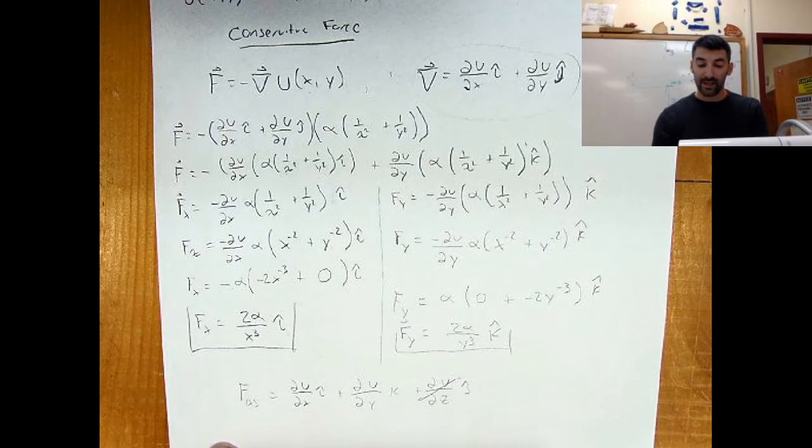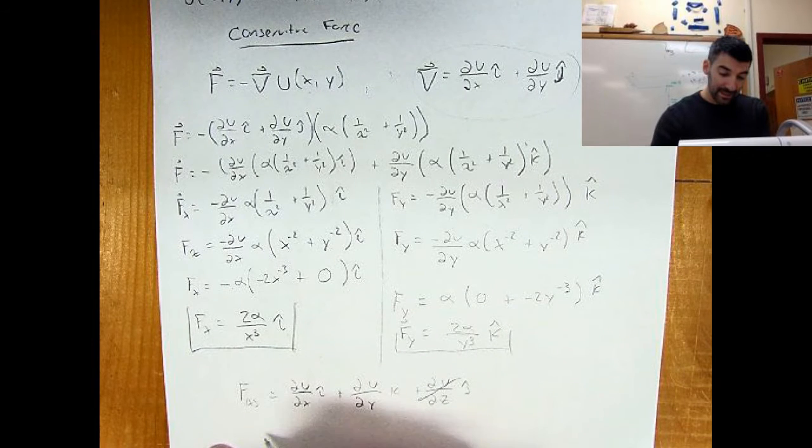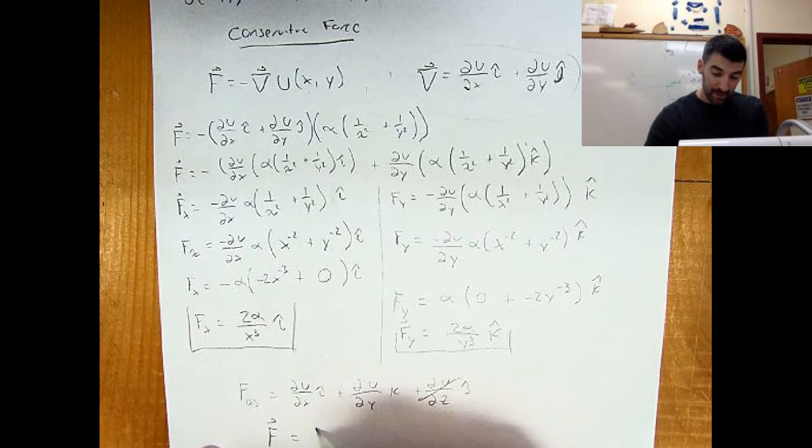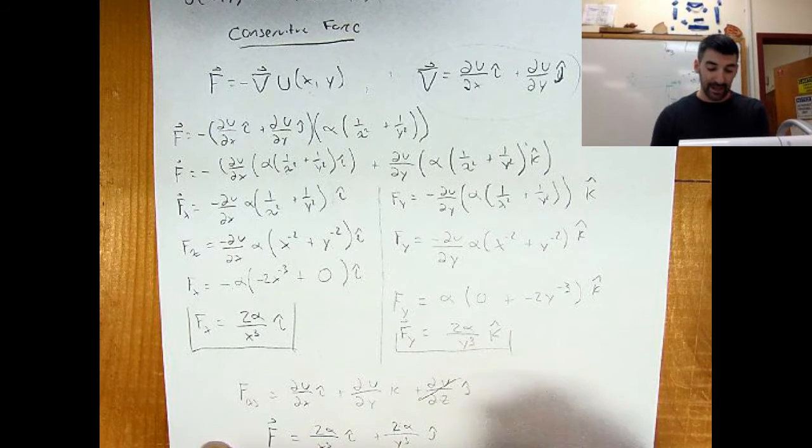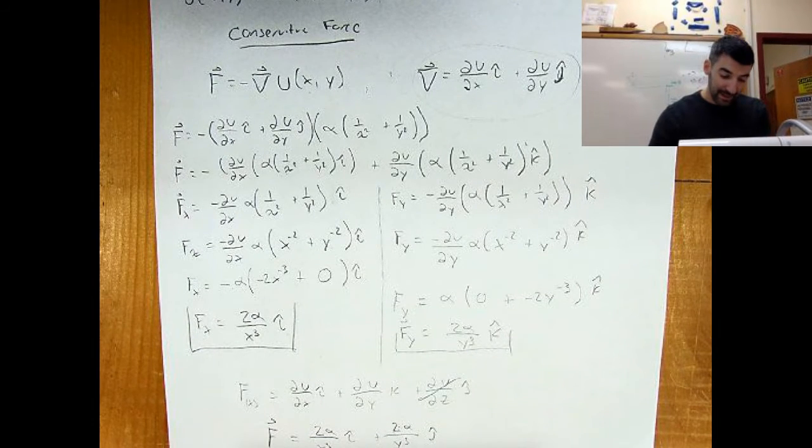Well, there is no j, so I just need to add those guys together, which means my derived expression for force, make sure it's a vector, is 2 alpha over x cubed I plus 2 alpha over y cubed j hat. I can pull out my 2 alpha, and I can say my general expression, 2 alpha times I over x cubed plus j hat over y cubed.